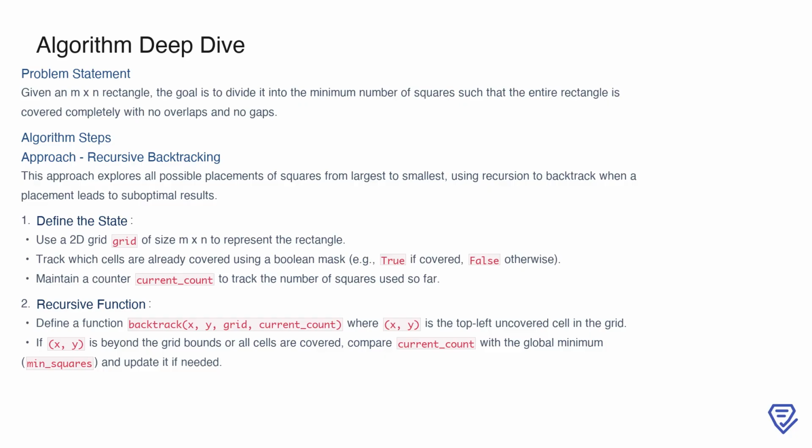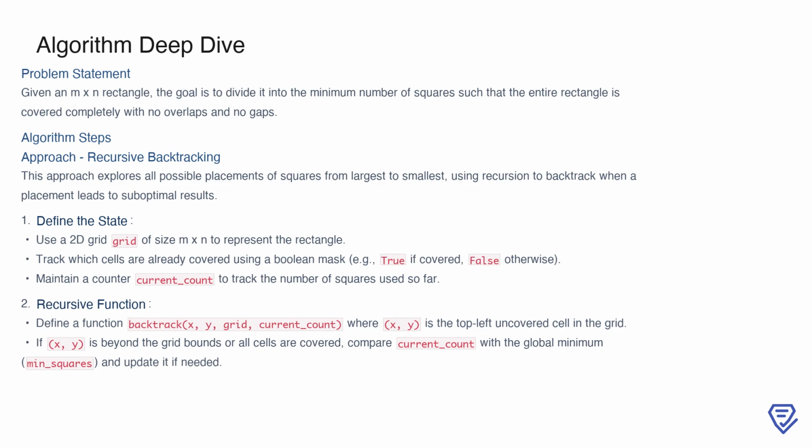Here, we're tasked with dividing an m x n rectangle into the minimum number of squares, ensuring that the entire area is covered without overlaps or gaps. To tackle this, we use a recursive backtracking approach, which systematically explores all possible placements of squares. The first step is to define the state.